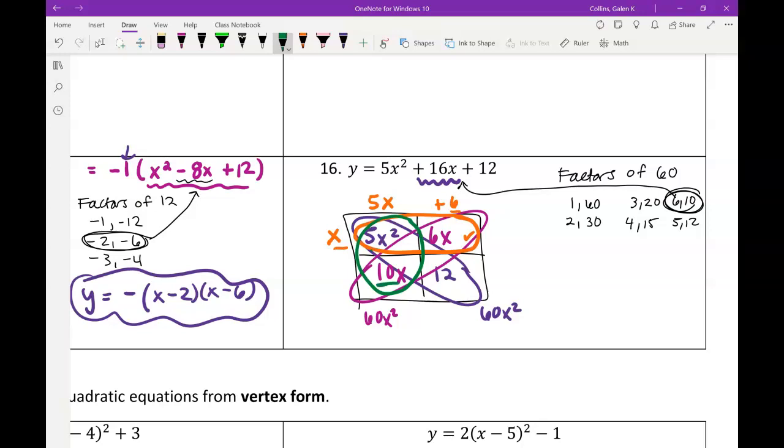We already did the top part, but if I divide a 5x out of 10x, I'm left with just the number 2. So I should double check that 2 times 6 is 12, and that works out. So again, our answer in factored form is going to be 5x plus 6 times x plus 2, because those are the dimensions of our rectangle.